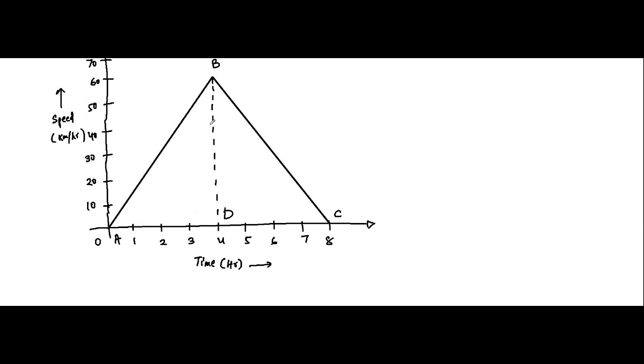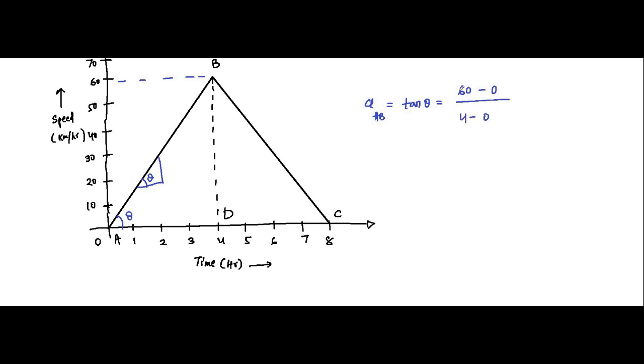If we want to determine the acceleration, which is the slope of this line, the acceleration in the AB portion, which is uniform, is tan theta. The slope is the same everywhere. Tan theta is equal to final velocity, which is 60, minus initial velocity, which is 0, divided by final time, which is 4, minus initial time, which is 0 hours.